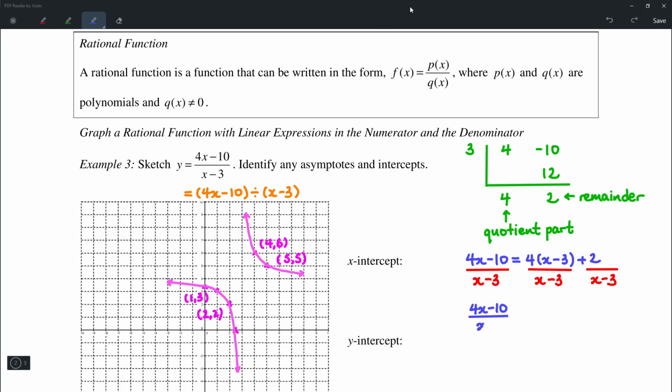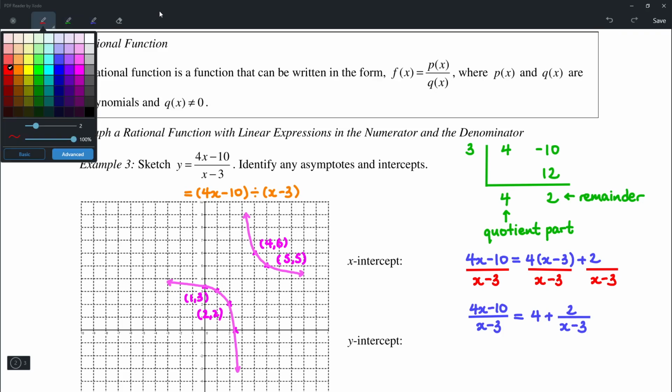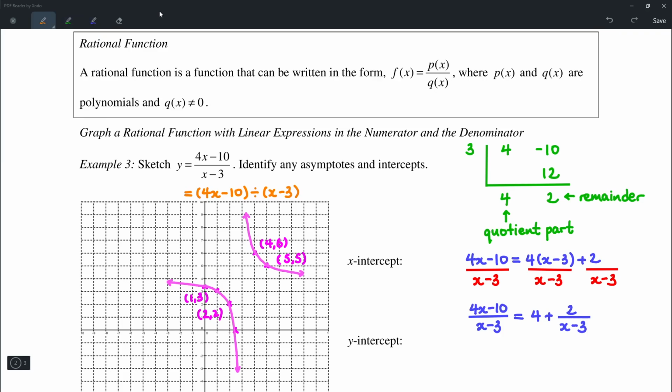And then the second term, on the right-hand side, we have 4, of course, because the x minus 3 will eliminate each other. And then plus 2 over x minus 3. So to summarize what we have done is we have rewritten 4x minus 10 over x minus 3 as 2 over x minus 3 plus 4.